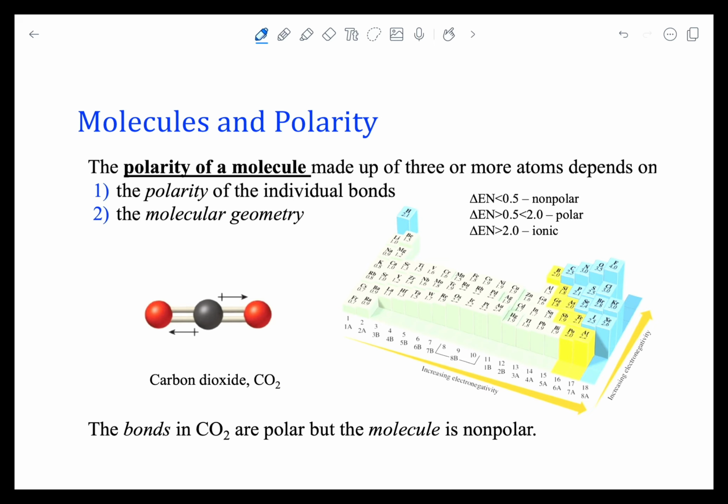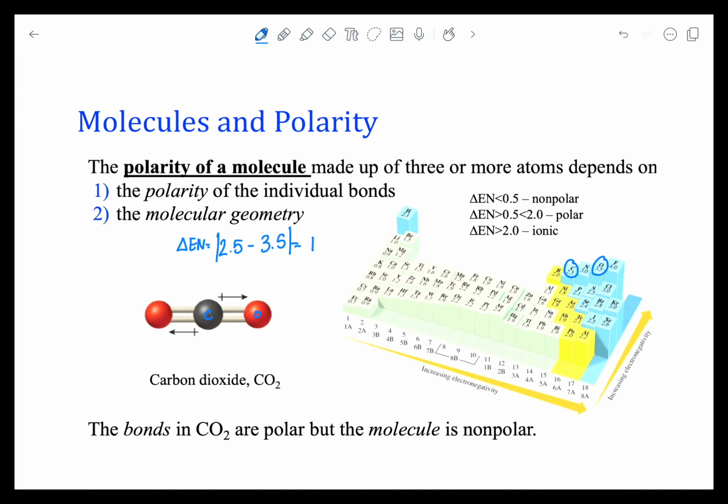So let's look at carbon dioxide. If we look at first the polarity of the individual bonds, we want to look at carbon to oxygen. So we see that carbon has an electronegativity of 2.5 and oxygen has an electronegativity of 3.5. So the delta EN is equal to 1.0.